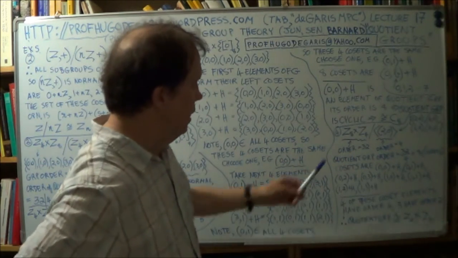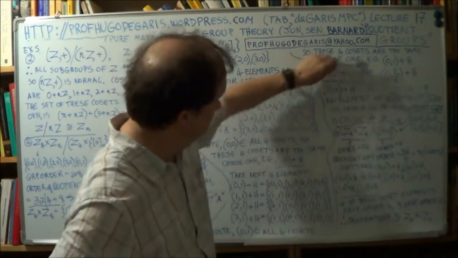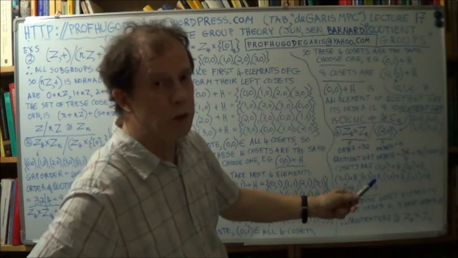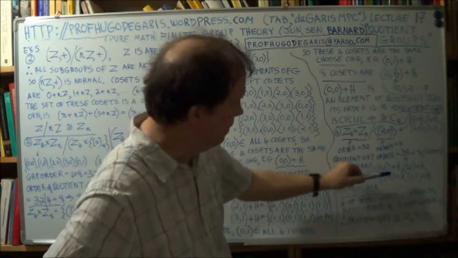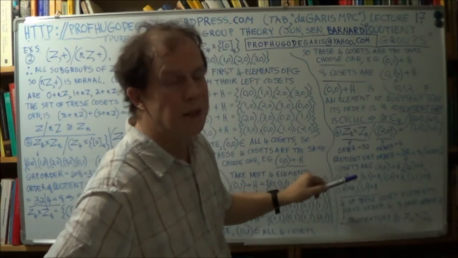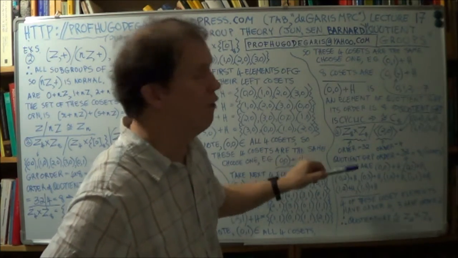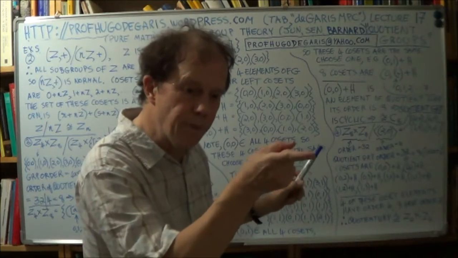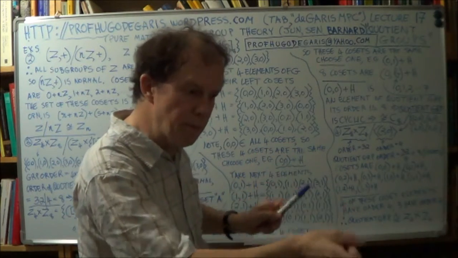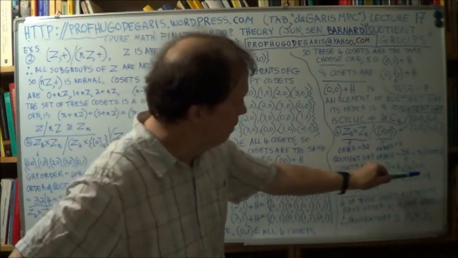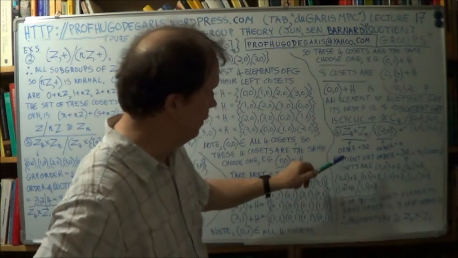All right. Now, have a look at these members. They're cosets, but think of them as members of a quotient group. Find the order of an element. You have these cosets that are elements of the quotient group.